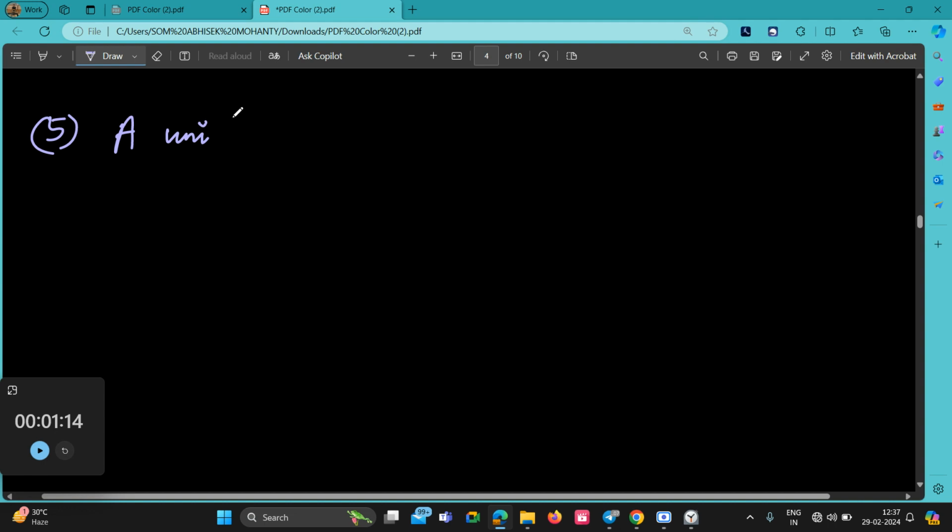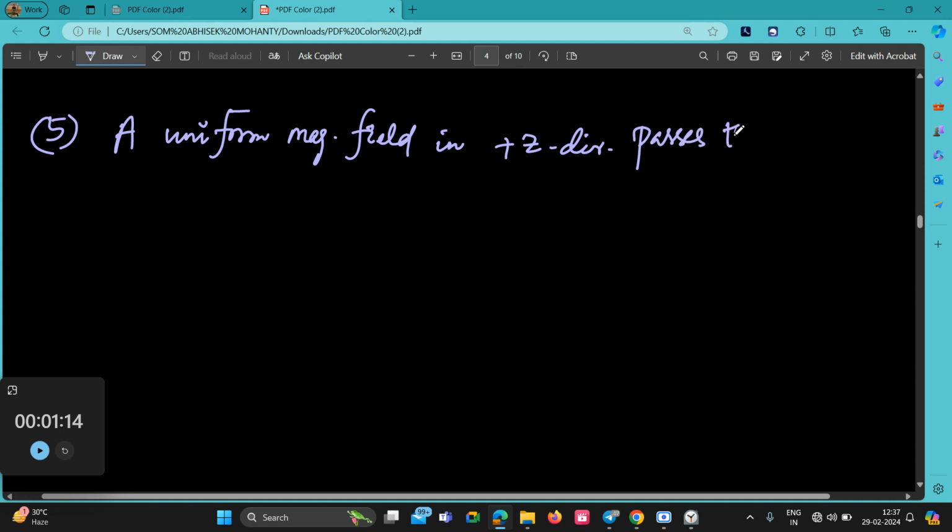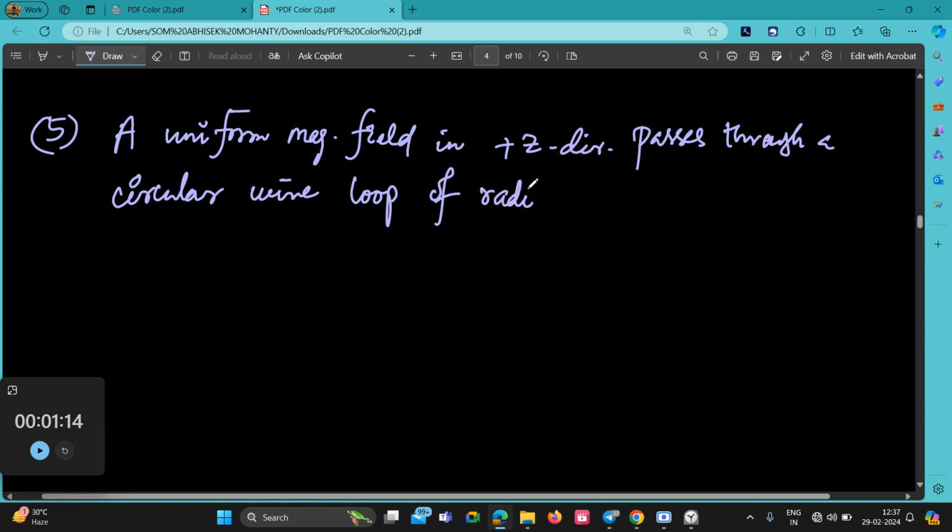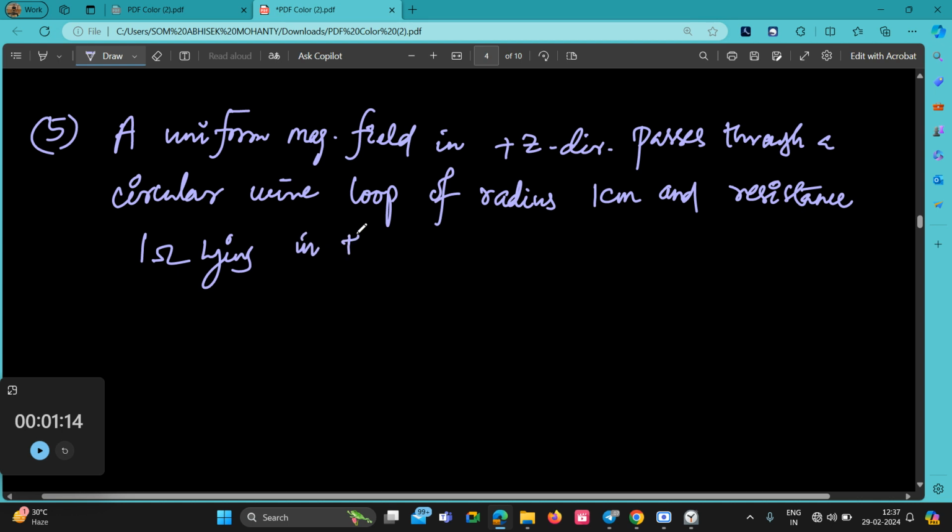A uniform magnetic field in the positive z direction passes through a circular wire loop of radius 1 centimeter and resistance 1 ohm, lying in the xy plane.